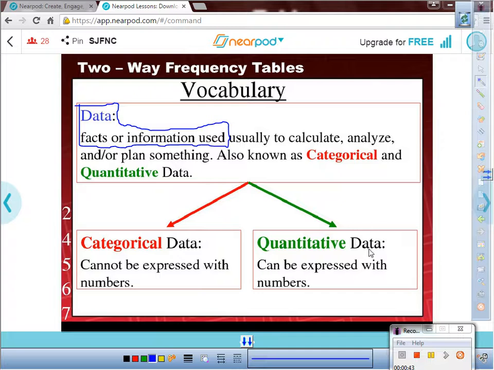All right. As you're finishing up, let me give you examples of categorical and quantitative. Categorical data is data that cannot be expressed with numbers, so it's any type of information. For example, if I was to ask Rudy, what's your favorite food plate?